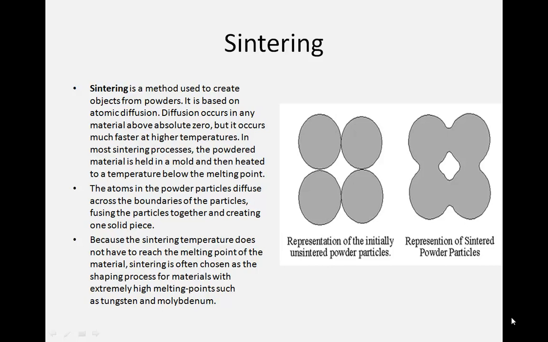Because the sintering temperature does not have to reach the melting point of the material, sintering is often chosen as the shaping process for materials with extremely high melting points, like tungsten and molybdenum. On the right side you can see a demonstration of what happens. Initially the unsintered powder particles can be seen as separate, but after sintering they coalesce and finally form the compact.